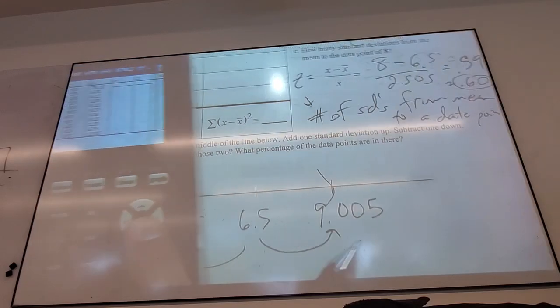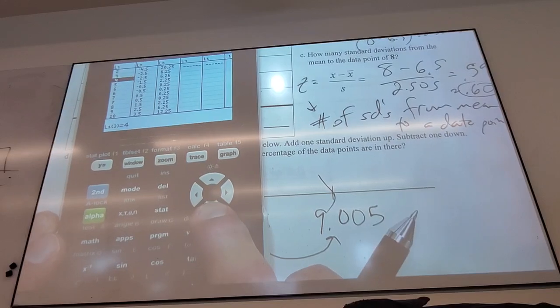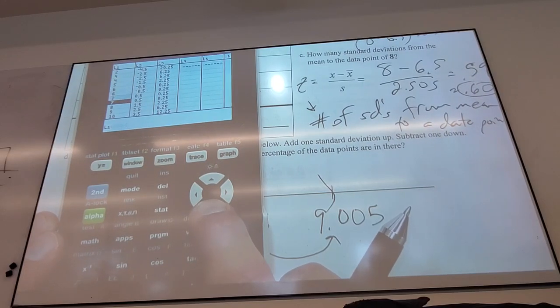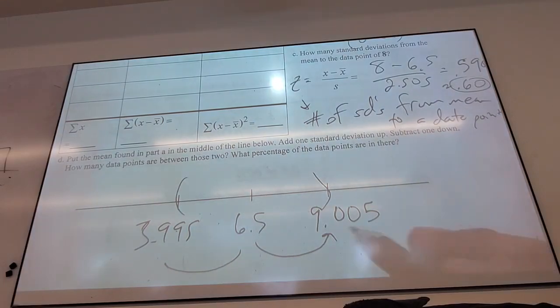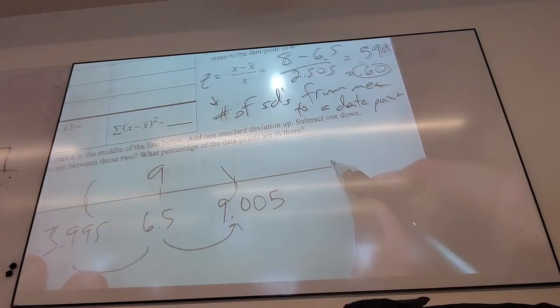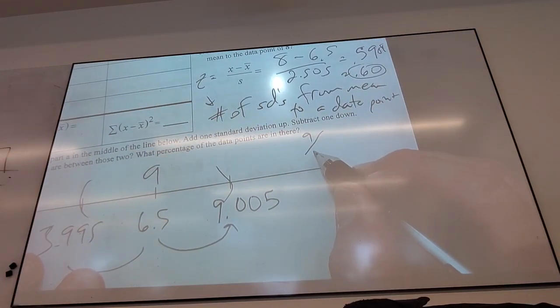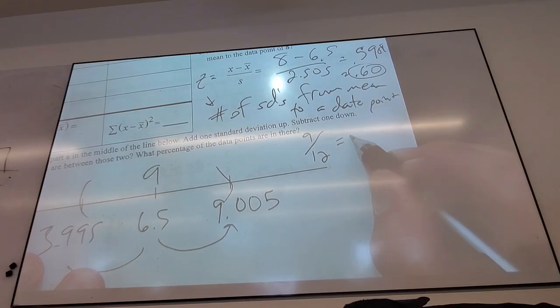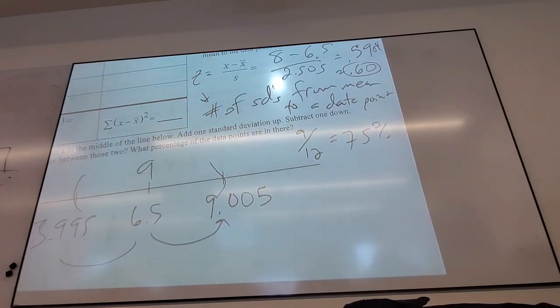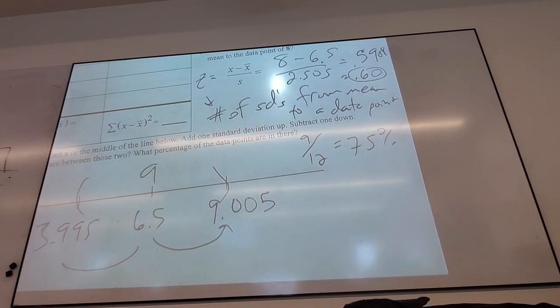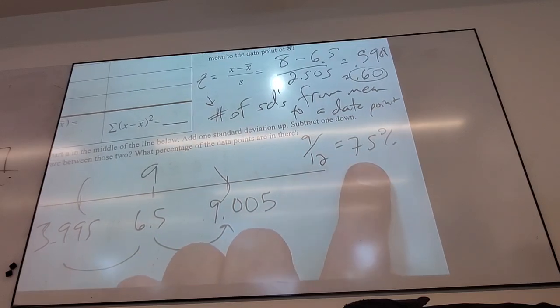If you look at your list, I get 9, yes? 9 out of how many total? 12, and 9/12 is 75%. If this was normal, what should that have been? 68. Why is it not surprising we didn't get 68? Because this ain't normal.